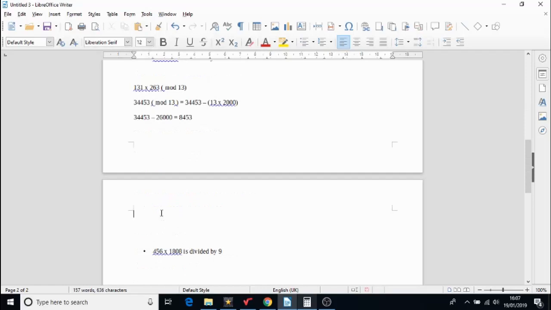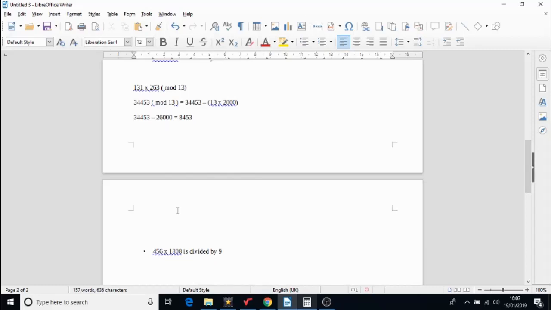How many 13s go into 8,453? So we're still going to continue our chunking process. You can start off small, doing it with multiples that you know. So we're going to do 13 multiplied by 5, which is 65.